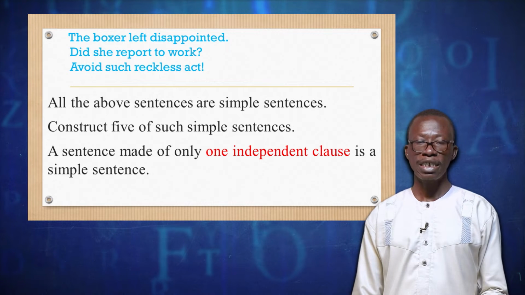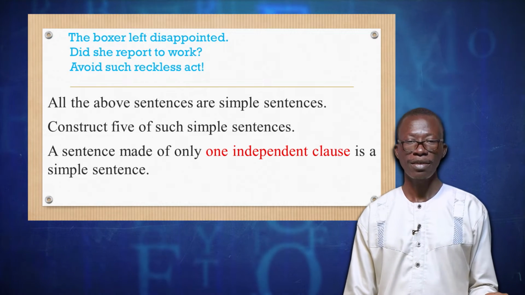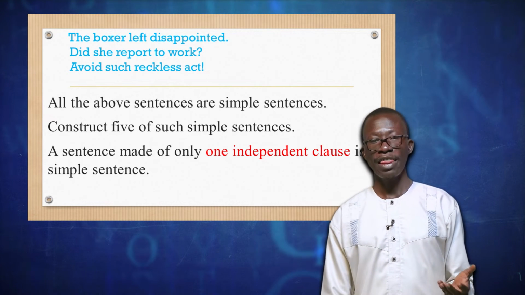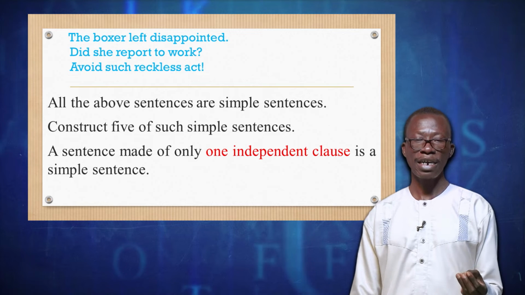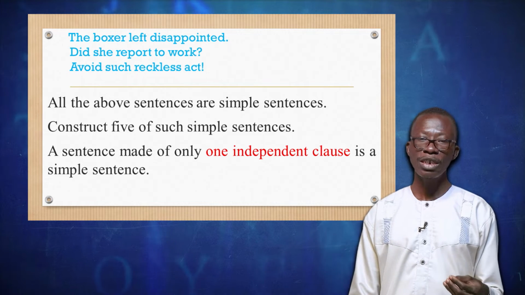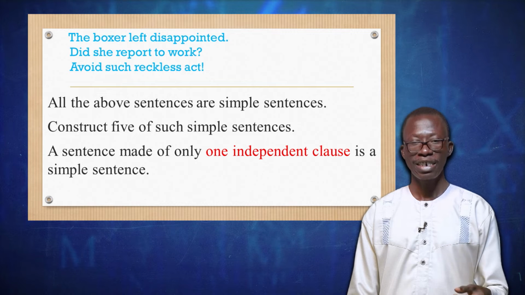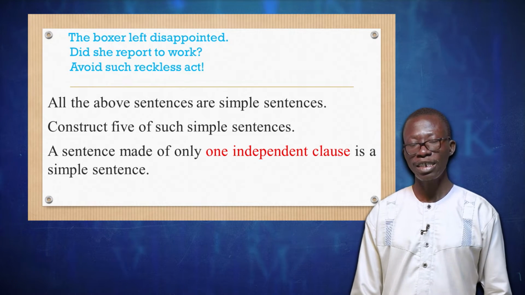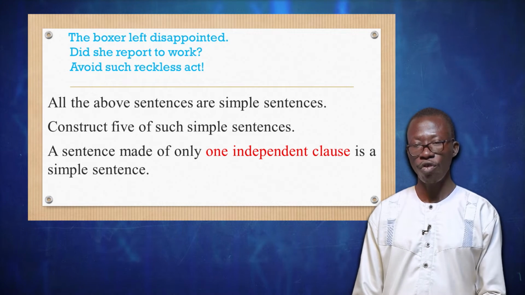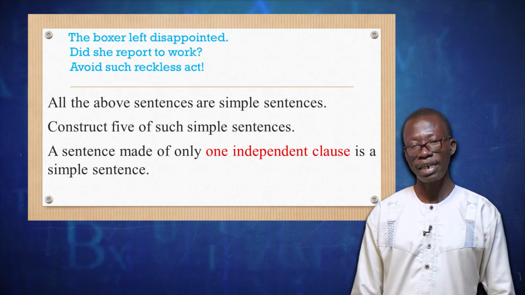All the above sentences are simple sentences. So let's take note. The 3 sentences we have there are all simple sentences. Why do we say they are simple sentences? As the discussions unfold, we will be able to understand that fact.